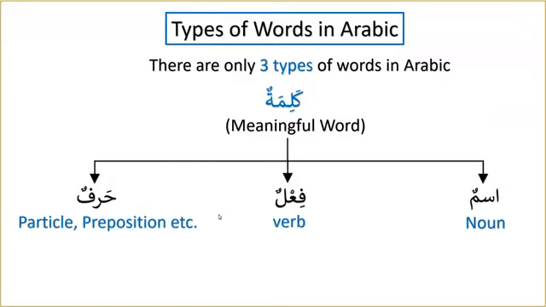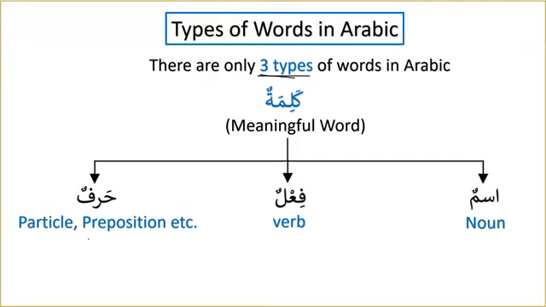Then we move on to the types of words in Arabic. And there are only 3 types of words in Arabic. As we have seen that kalima is a meaningful combination of letters. And the 3 types that we can see here are ismun, noun, fi'lun, verb, harfun, particle or preposition.